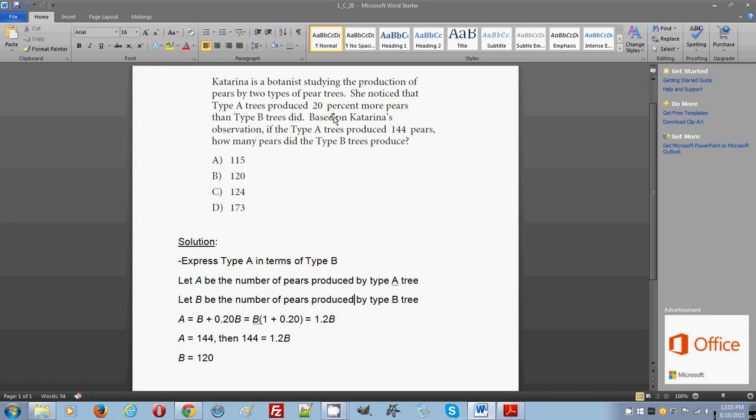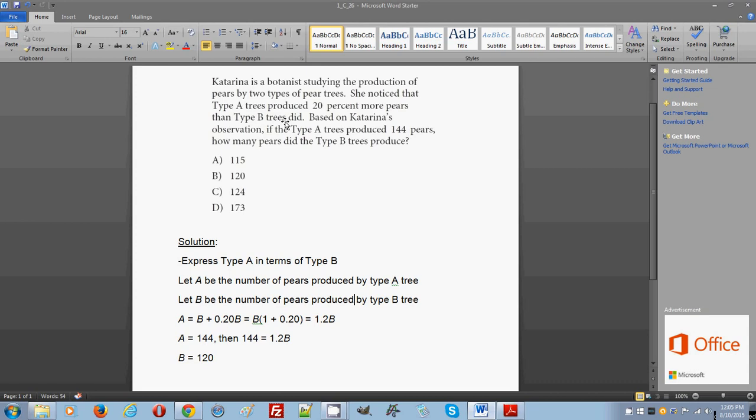So what does that mean? 20% more pears means that not only it will be the same number as type B trees, but an additional 20% of type B is included in type A trees, the number of pears produced, right? 20% more means the number of pears that type B trees produce, and also 1/5. 20% is 1/5, an additional 1/5 of the amount of pears that type B trees produce.